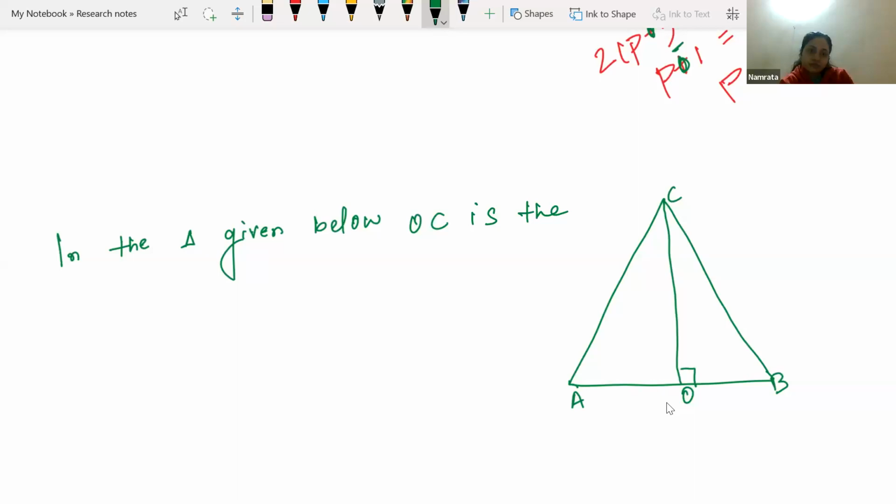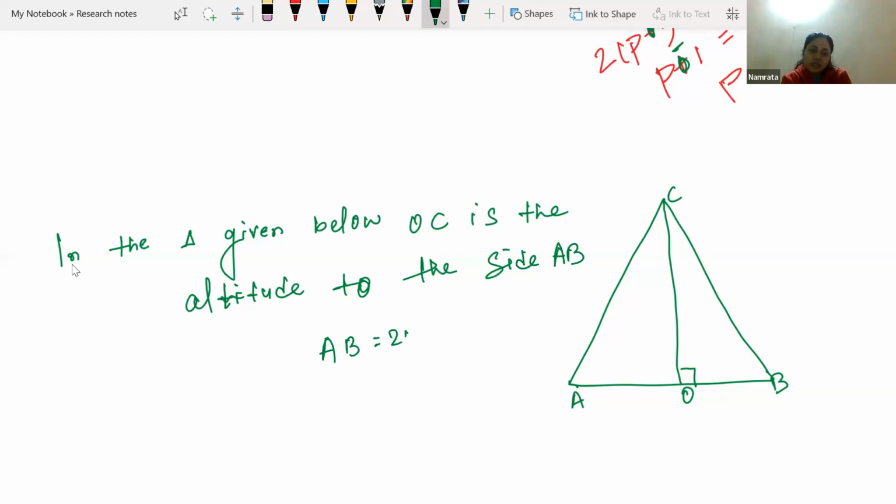As we can see, it's making 90 degrees over here to the side AB. AB is equal to 24 centimeters.